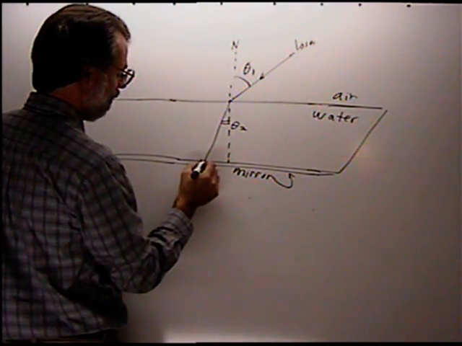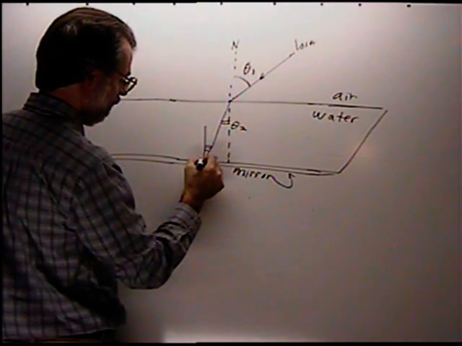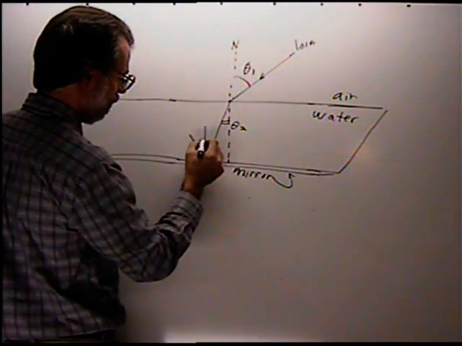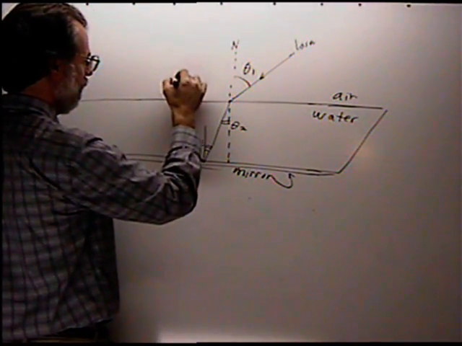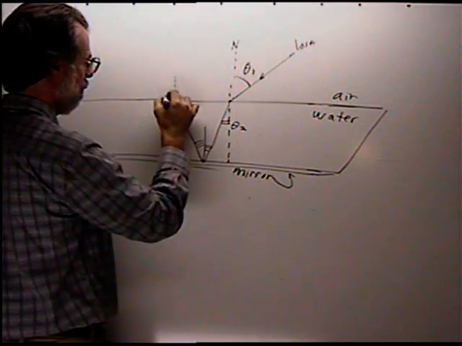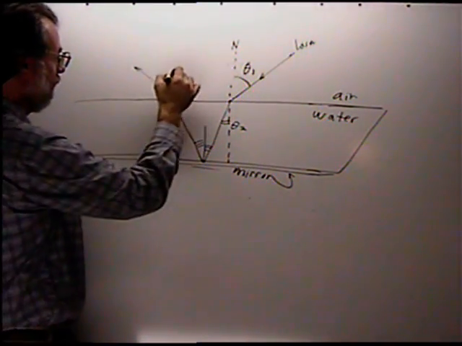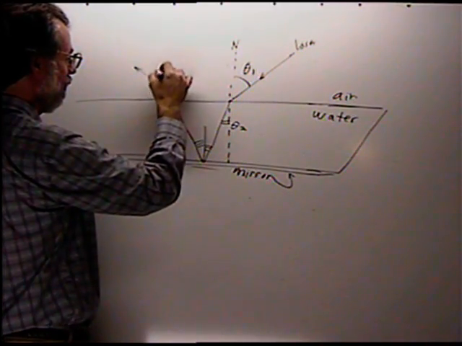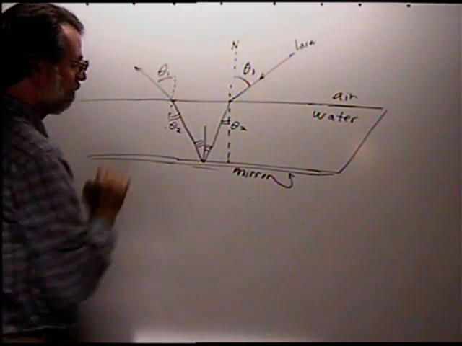Essentially, it reflects off, so this angle here is equal to this angle here, so we get a reflection. And then at this point, we get refraction again, and the laser beam bends back out. By symmetry, this would be theta 1, and this is theta 2.